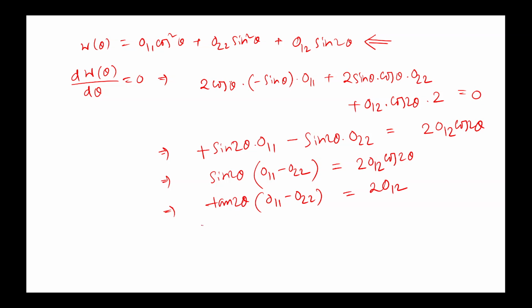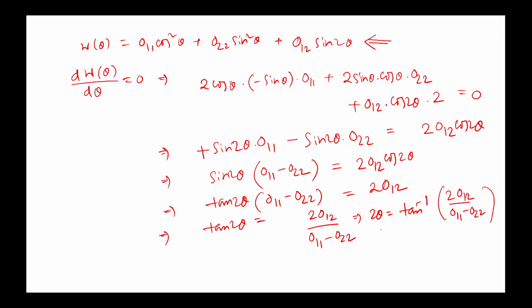Now you can take this to the other side, so tan 2 theta is equal to 2 O12 divided by O11 minus O22. Now you can write 2 theta as tan inverse of 2 O12 over O11 minus O22, and your theta is one half tan inverse of 2 O12 over O11 minus O22. So this is your solution.